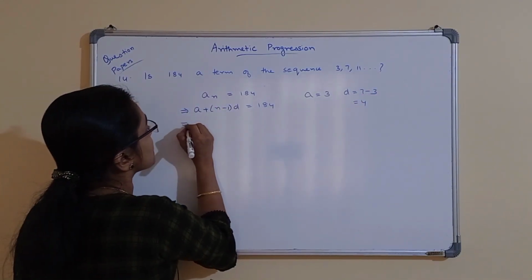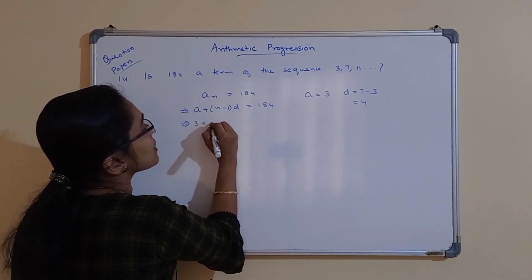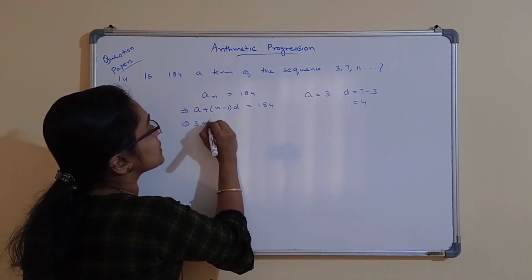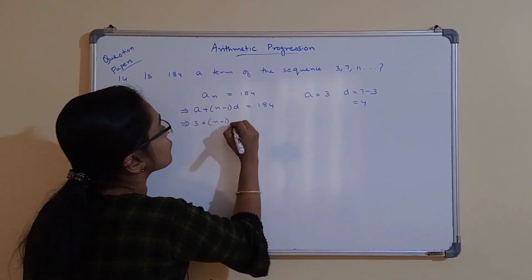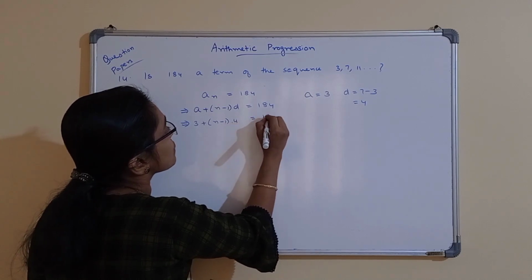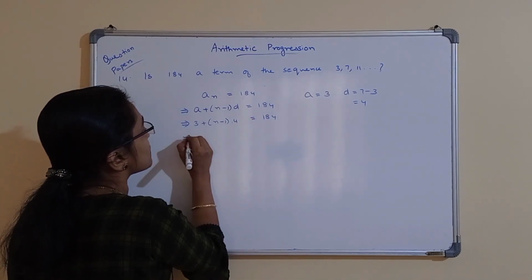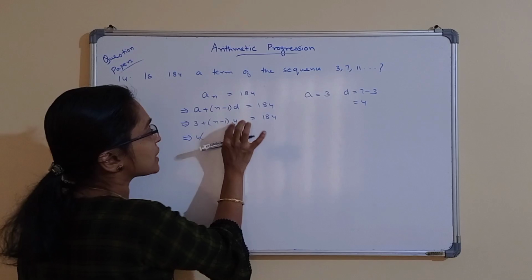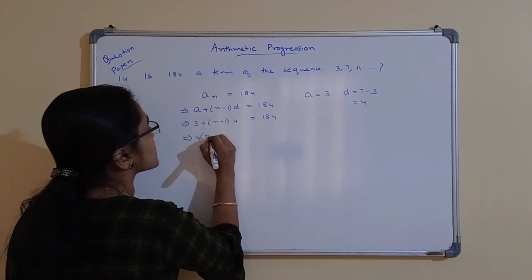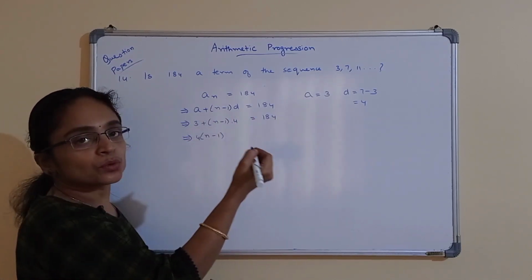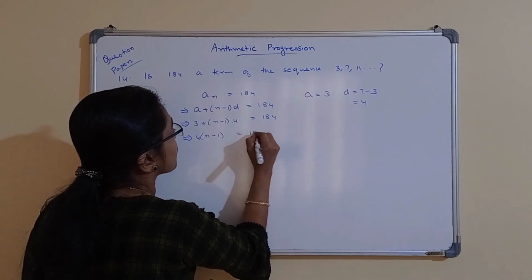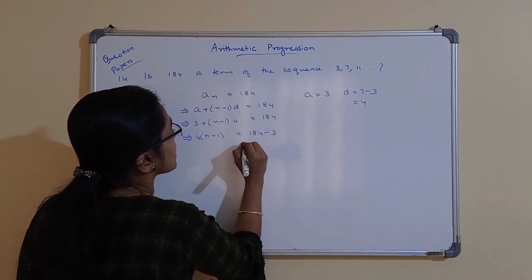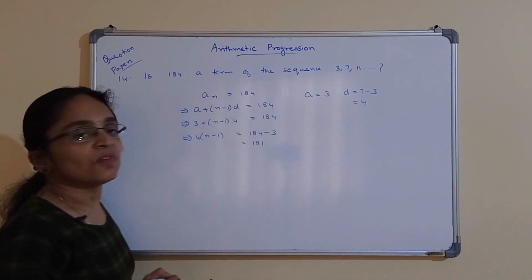So this implies 3 plus n minus 1 into 4 is equal to 184, which implies 4 into n minus 1, taking this 3 to the right hand side, is equal to 184 minus 3, which is equal to 181.